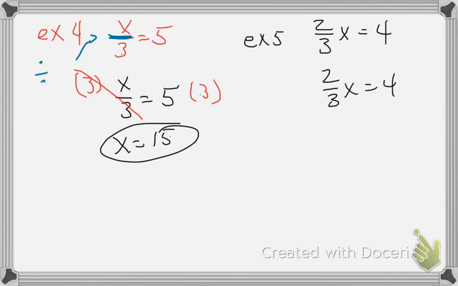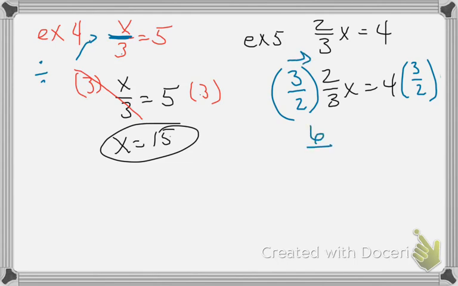Now I'm going to do the reciprocal, which means I'm going to flip it. I don't like that 3/2 on this side. I'm going to erase it and redo it. But it's 3/2. Alright? Now, I can multiply straight across. And when I do, I get 3 times 2 is 6. 2 times 3 is 6. See how that works?